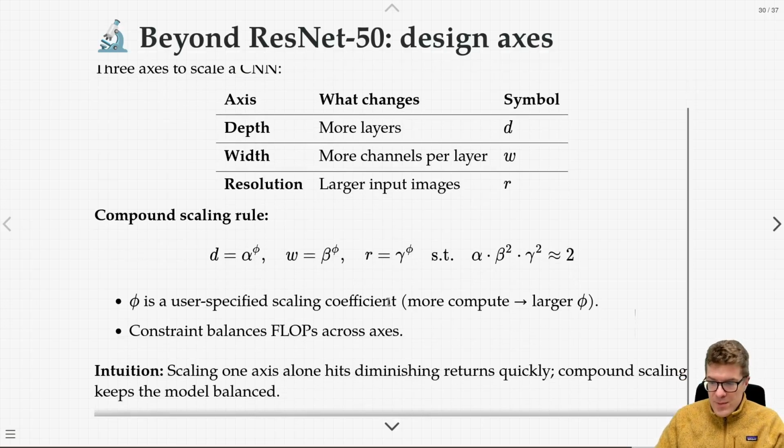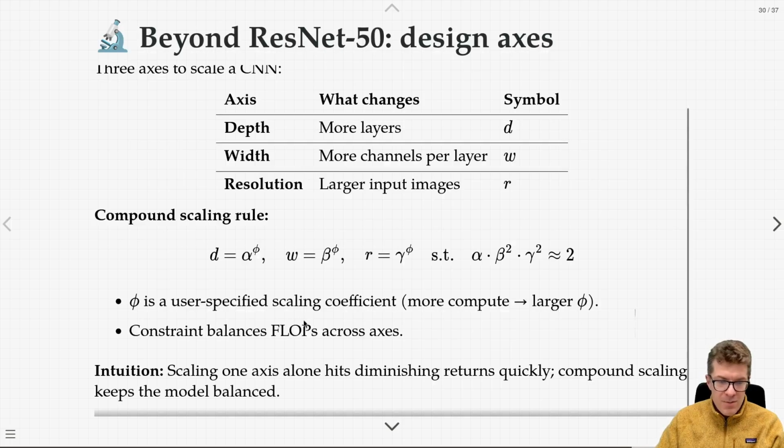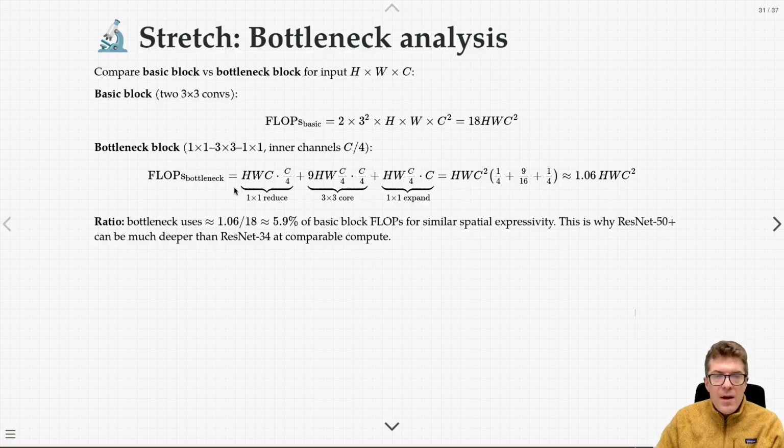Anyway, this model, at a very high level, looked at raw computational performance in terms of these factors: depth, width, resolution. If you want to compare a basic block against a bottleneck block, and maybe that's something to remember in this module, what is a bottleneck? A bottleneck is just those little pink modules we saw previously where we had 1x1 convolutional layers to do projection down into a smaller number of dimensions.